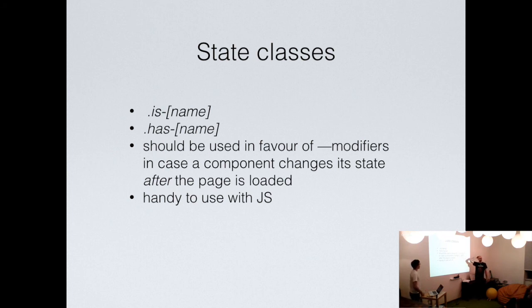They are more useful in case your component is changing while the page is live. So it has been loaded, and then someone is clicking and constantly switching a box from pink to blue. It's kind of like emulating pseudo classes like hover, focus, and stuff like this.